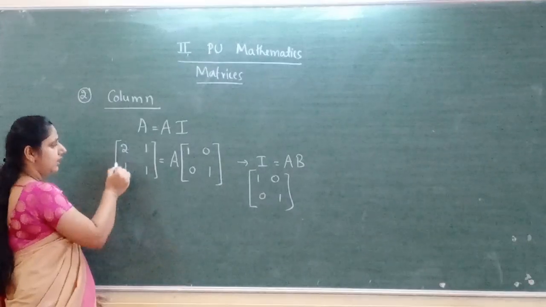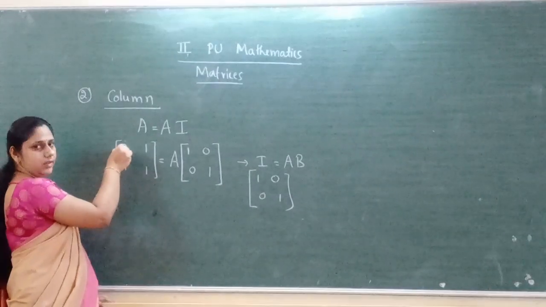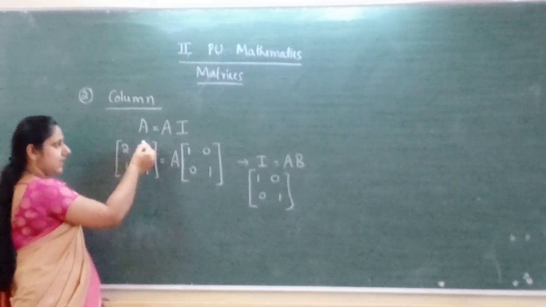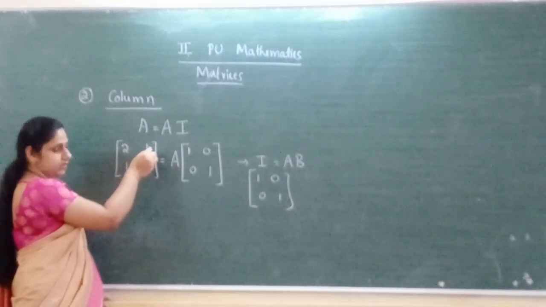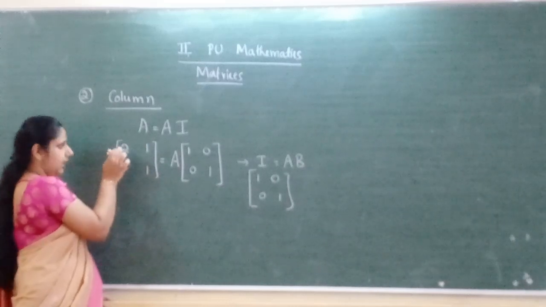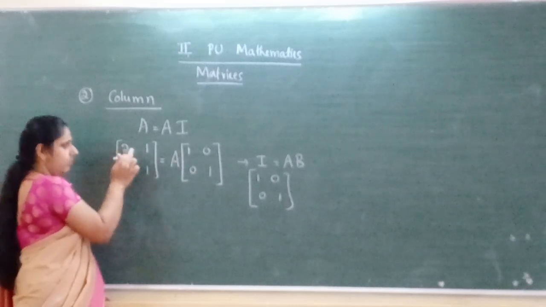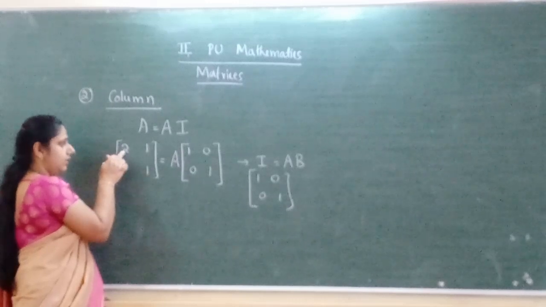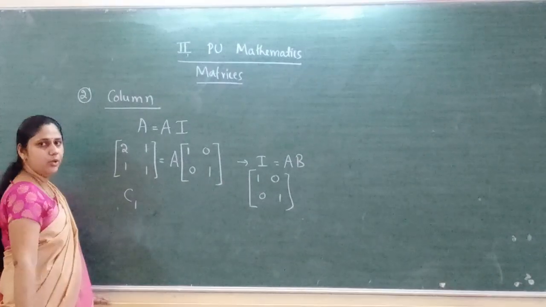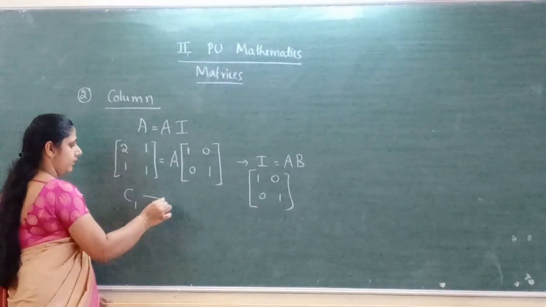See, here in the first column we have the element 2. This 2 must become 1. And in the second column we have the element 1. So if I subtract C2 from C1, that is 2 minus 1, we will get 1 in this position, correct? So you have to change the element of the first column.